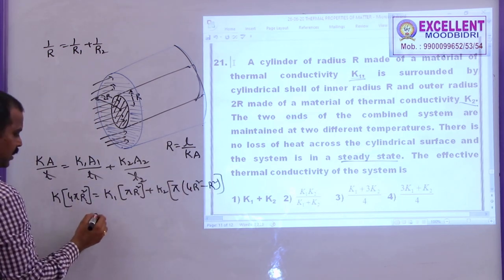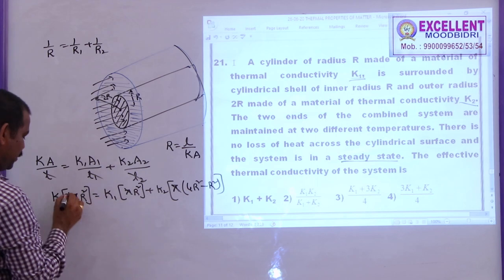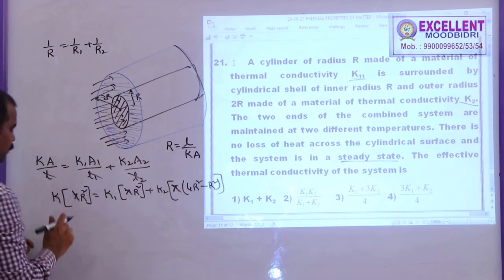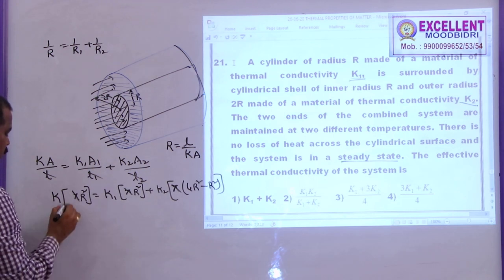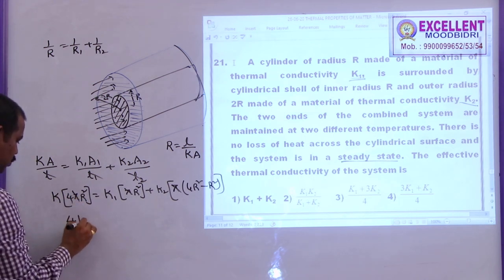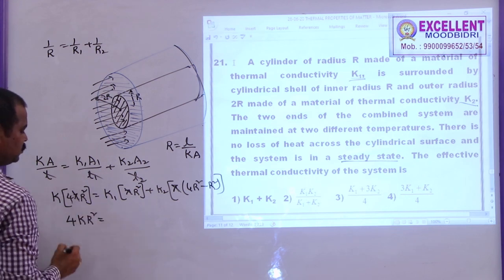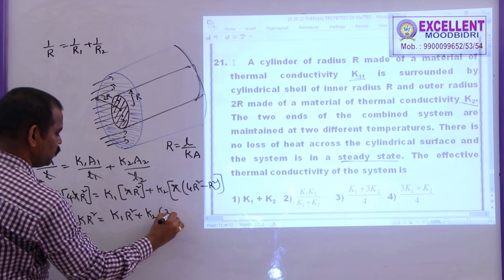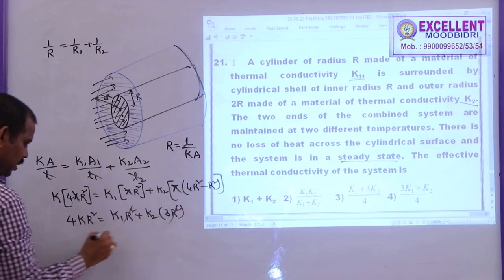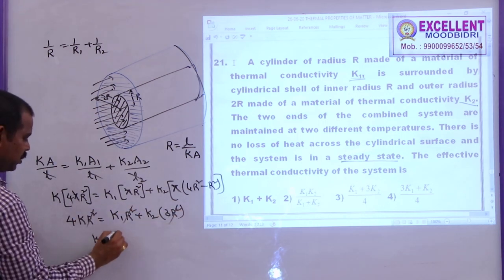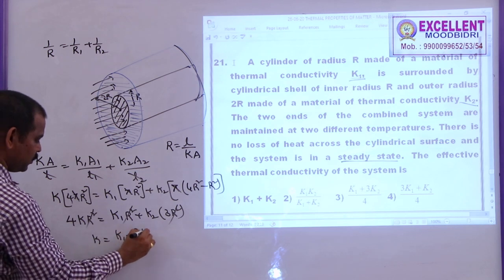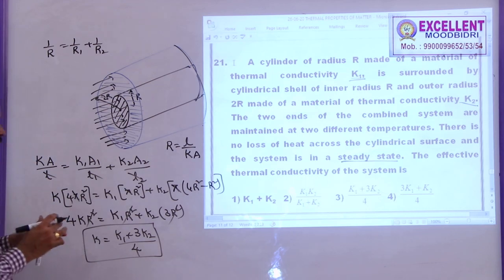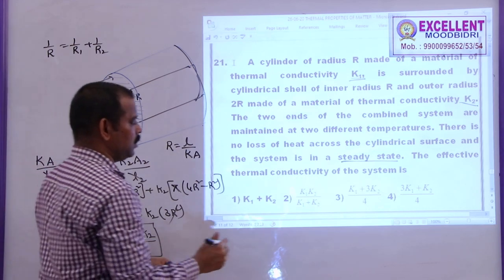So now you can cancel this pi here. So this can be written as 4K R square is equal to K1 R square plus K2 into 3R square. This R square gets cancelled. So K is equal to K1 plus 3K2 by 4. So this is the effective thermal conductivity of this combination. Here option 3 is correct.